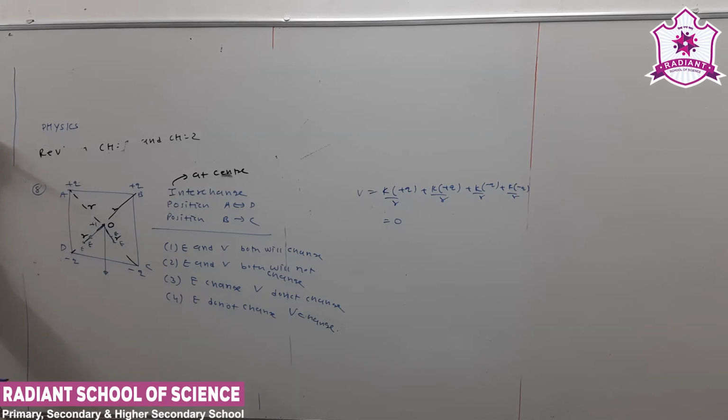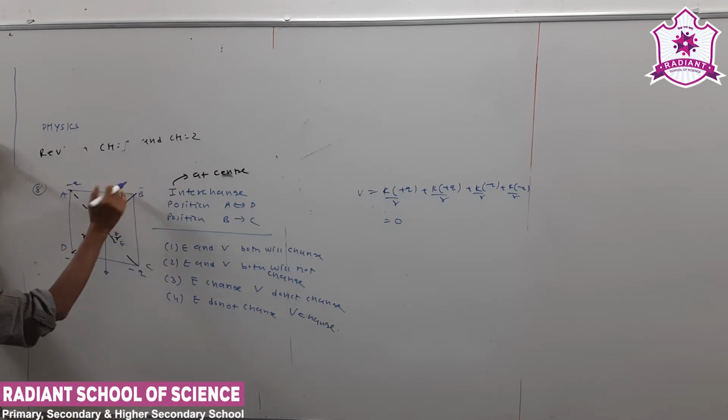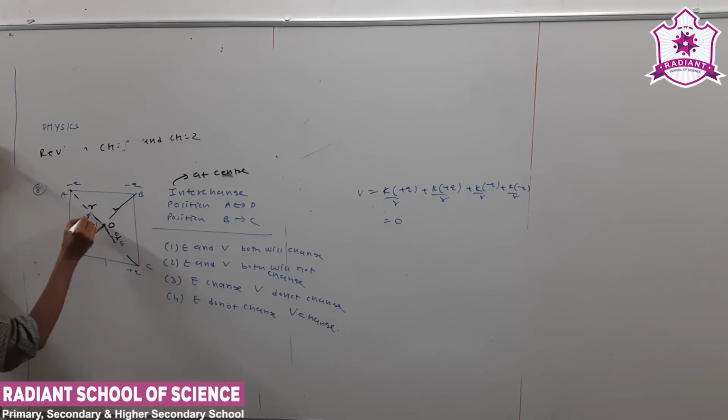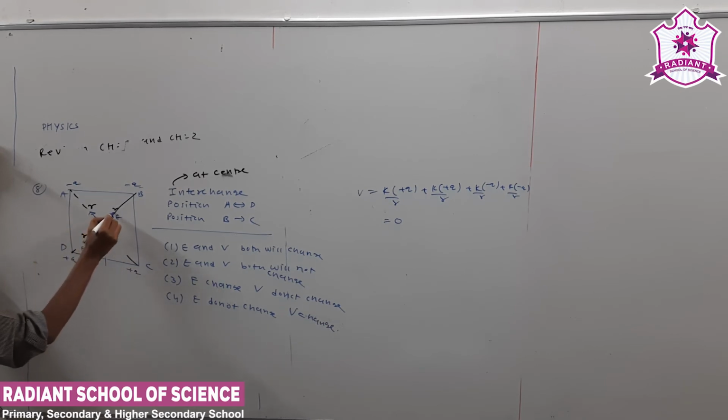But when we interchange the positions, let us say here minus Q and minus Q, plus Q and plus Q, and calculate the electric field again, minus Q will attract, minus Q will attract, and plus Q will repel, plus Q will repel.